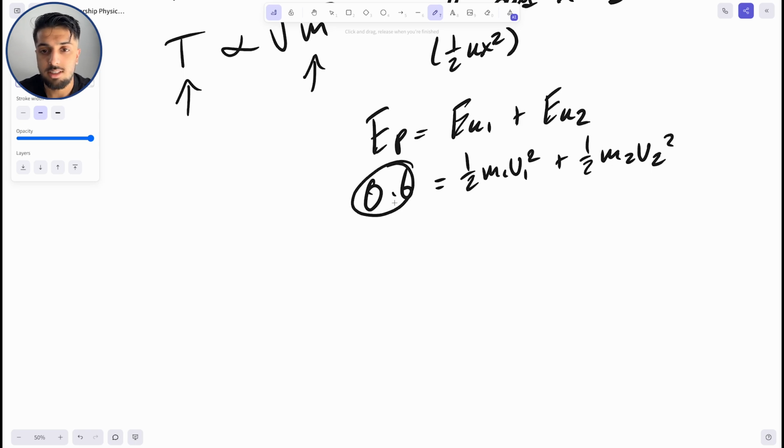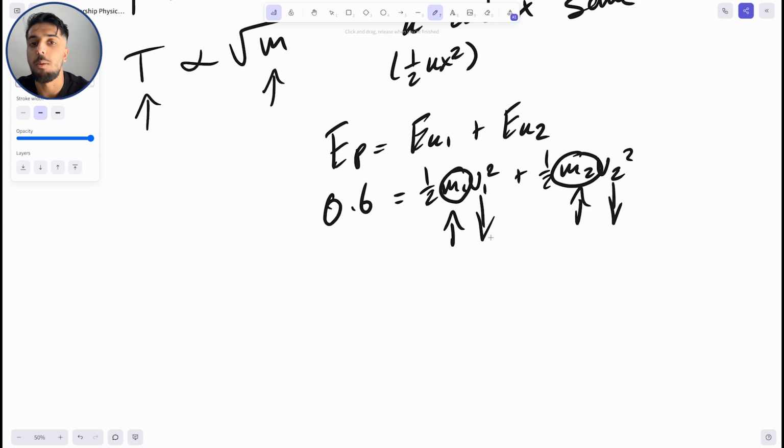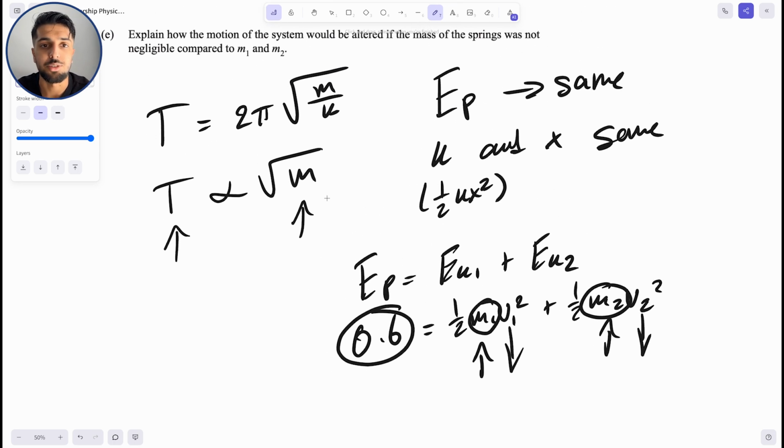If this remains the same, but the masses of m1 and m2 increase, if we include the mass of the springs in m1 and m2, then the velocities of m1 and m2 must decrease because we are not changing the amount of energy in the system. And so that is another thing that will be altered if the mass of the springs was included.